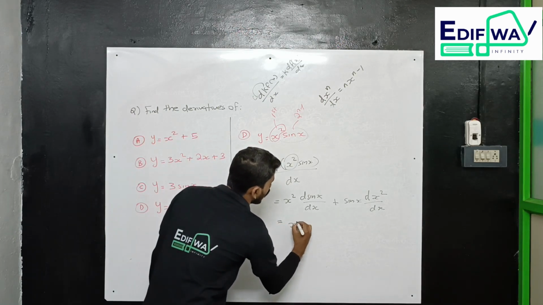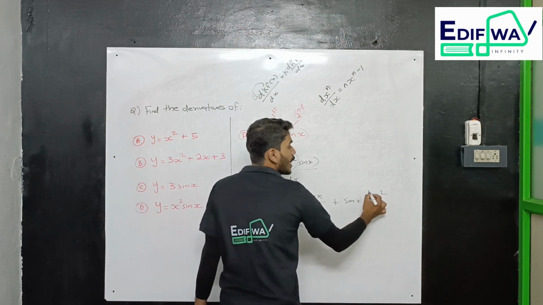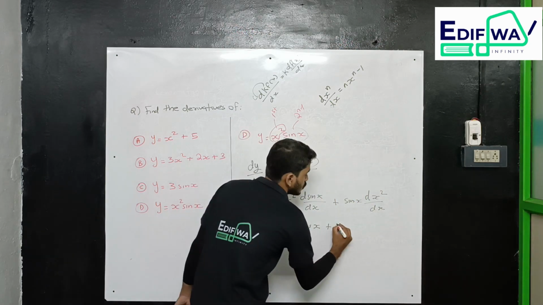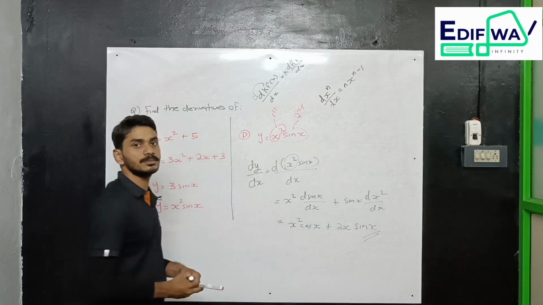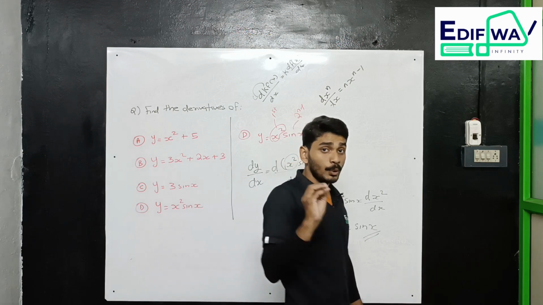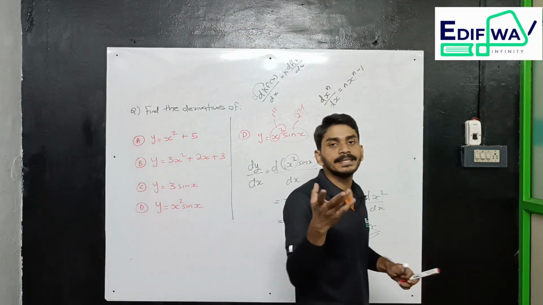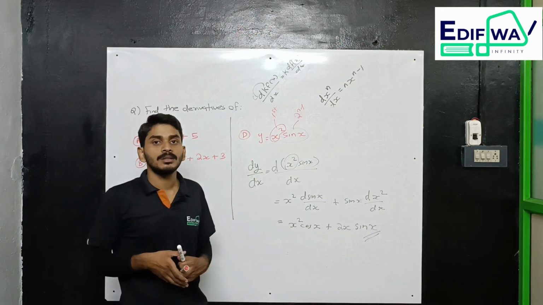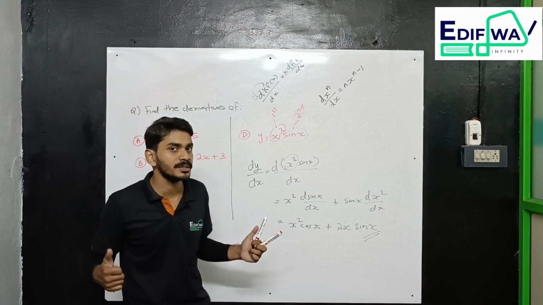It is x square cos x plus, x square's derivative is 2x, so it is 2x sin x. That's all. Now what do you think? Differentiation is very simple, right? Yes. Like this, let's learn integration. Okay, so are you ready? Let's go for integration.